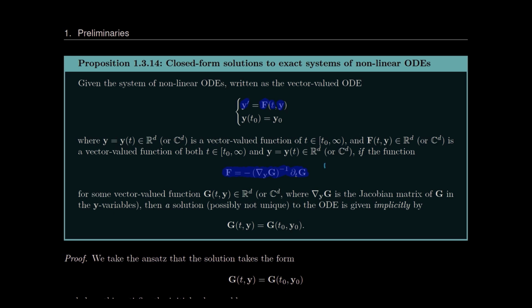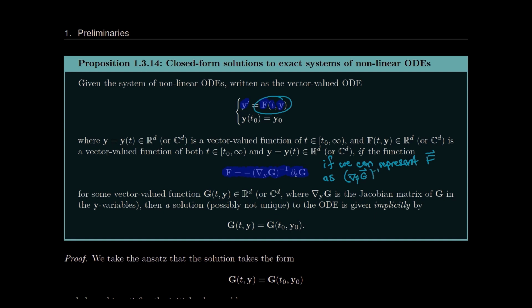So if we can represent f, the vector valued f, which is just whatever's on the right hand side of the equation, as a gradient in the y variables of a vector valued g, that would be a matrix because the gradient itself is a vector, and we're going to be taking the outer product against a vector valued function. You can think about this as the Jacobian matrix if you want.